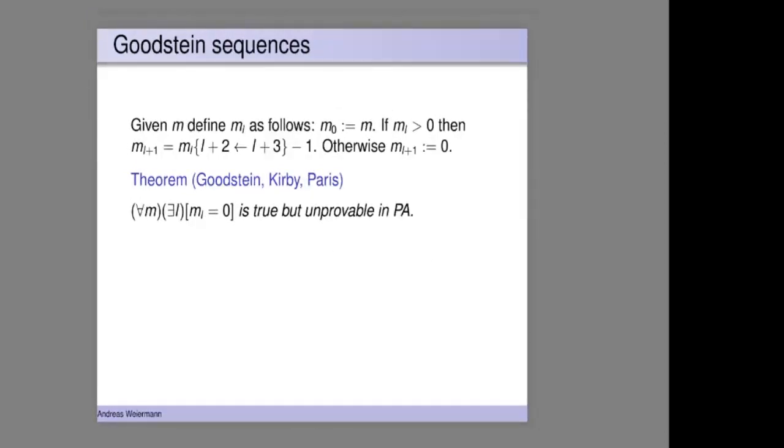Now, the surprising result by Goodstein is that for every m, there exists an l such that ml eventually is equal to 0. And later, Kirby and Paris showed that this is unprovable in first order Peano arithmetic.